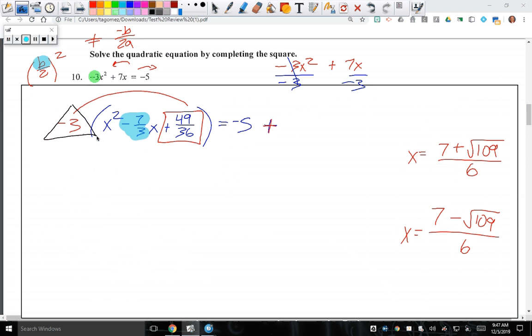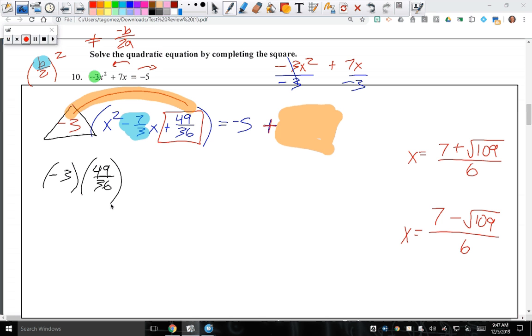If it was a 1, I would. But because it's a 3, I have to multiply these two to see how much I'm actually adding to the right side, or subtracting in this case. So with the calculator, you could put negative 3 multiplied with 49 over 36. Or you could do this by hand.